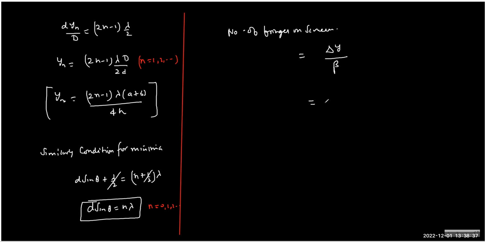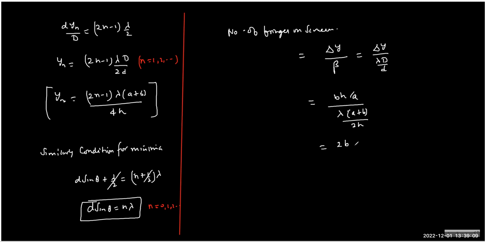Yes, sir. Now, the delta y we got as BH by A, and beta is always the same formula, lambda D by d. So lambda capital D by small d, where capital D is A plus B and small d is 2h.